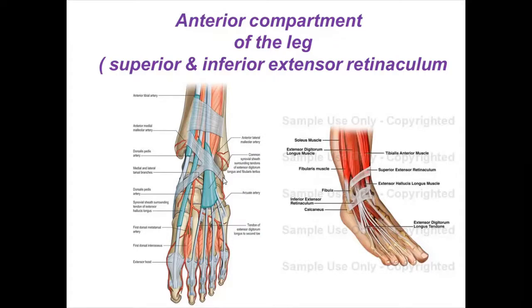And the upper band, which passes upward and medially, is attached to the anterior border of the medial malleolus. And the lower band, which passes downwards and medially, is attached to the plantar aponeurosis of the sole.